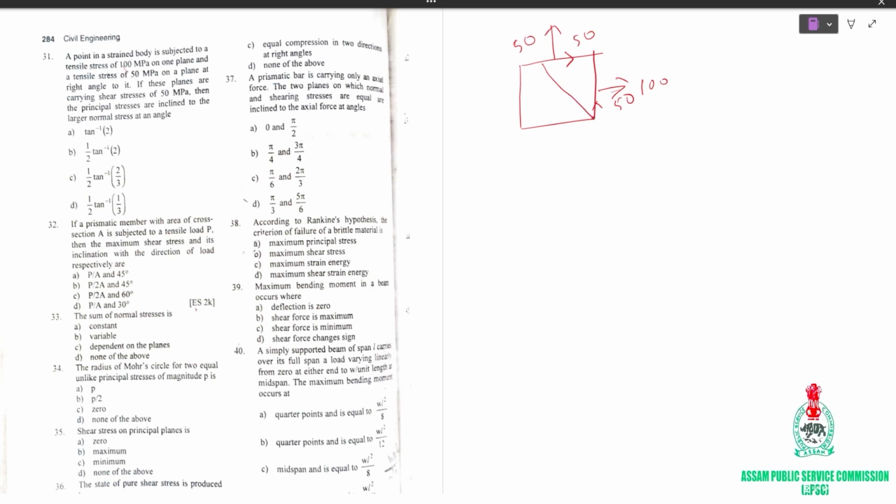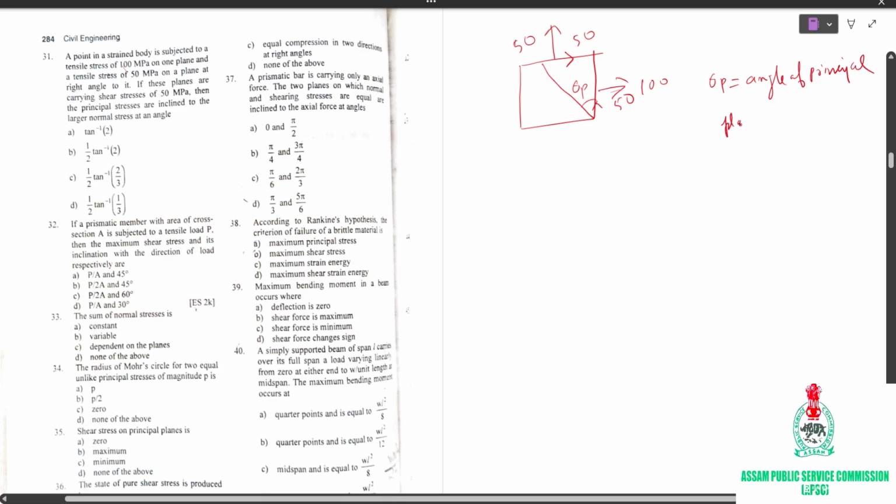So that means this theta p. Theta p is the angle of the principal plane with the larger normal stress.